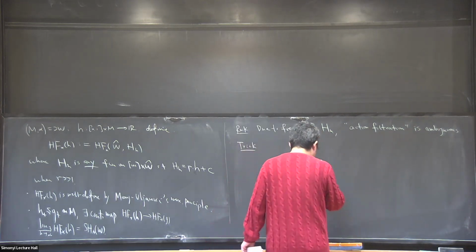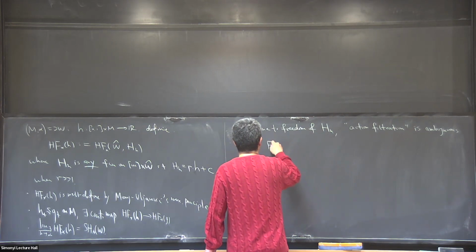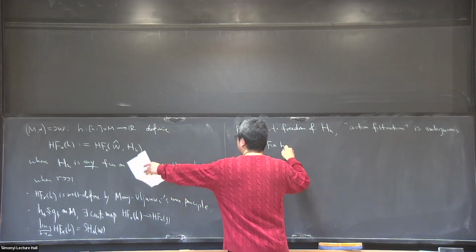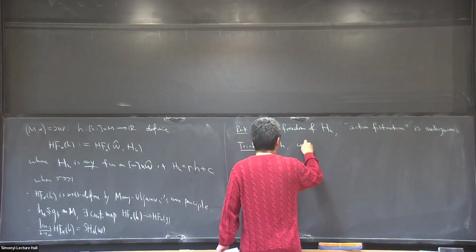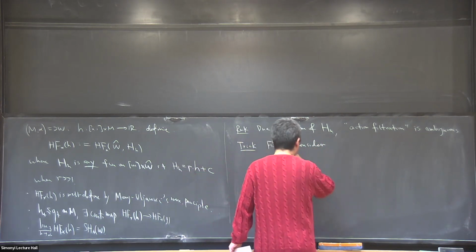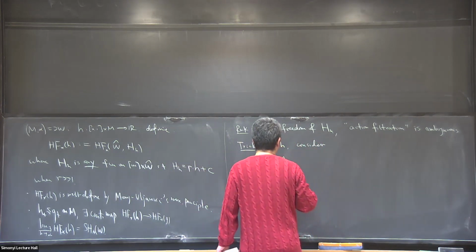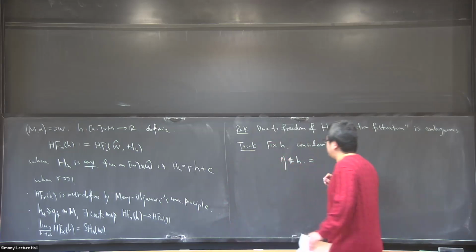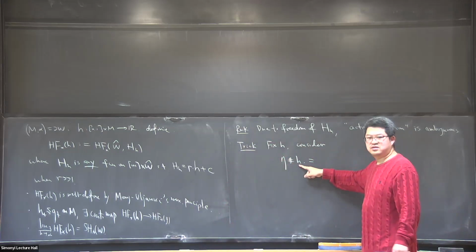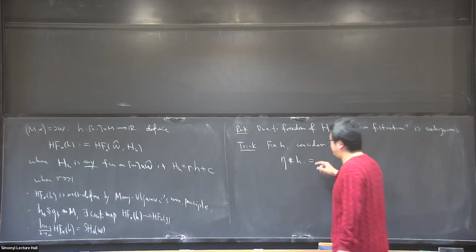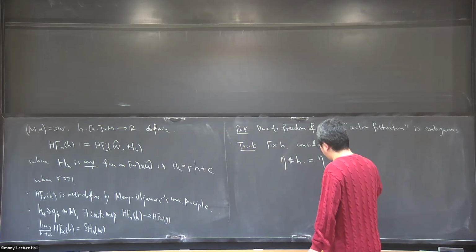The trick is: fix this H, give you this H. Consider eta, a constant, sharp H. Now let's write out the formula of that. So it will first have eta.